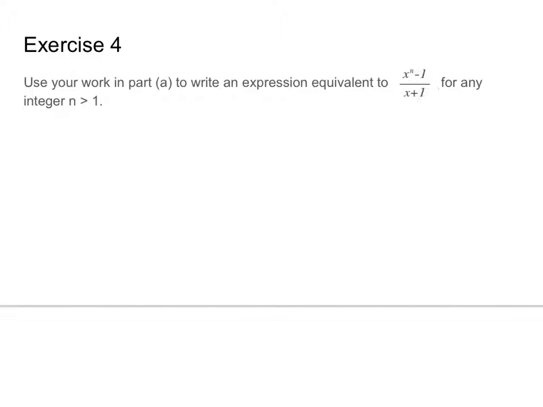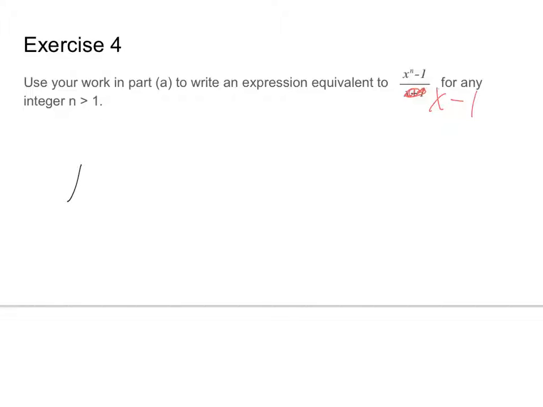Exercise 4. Use your work in part A to write an expression equivalent to this for any integer n greater than 1. We already have a little bit, so let's just write it down again so we make sure it's in the right spot.